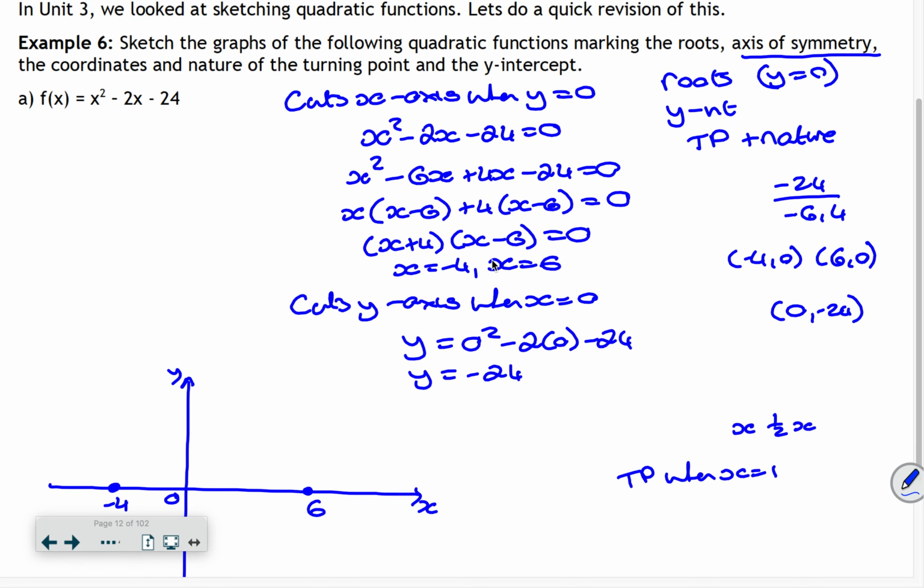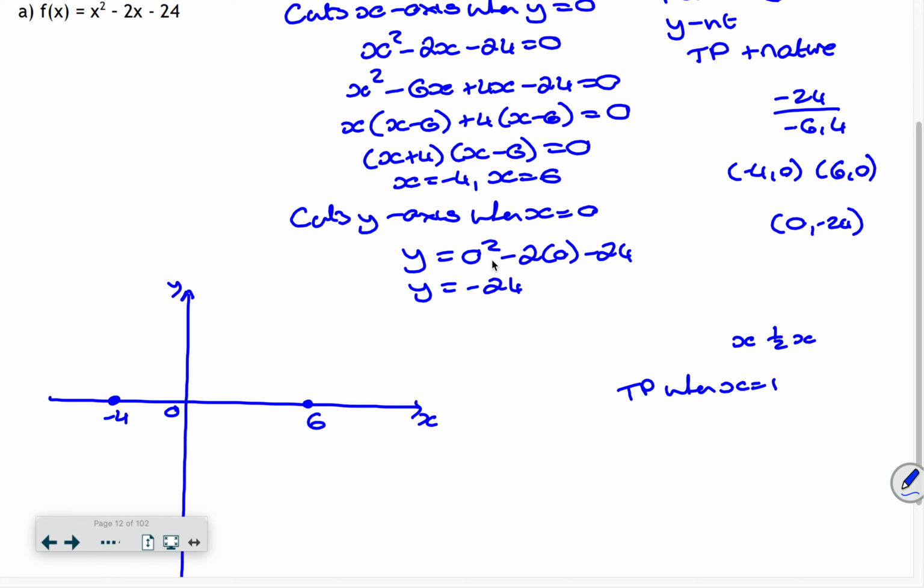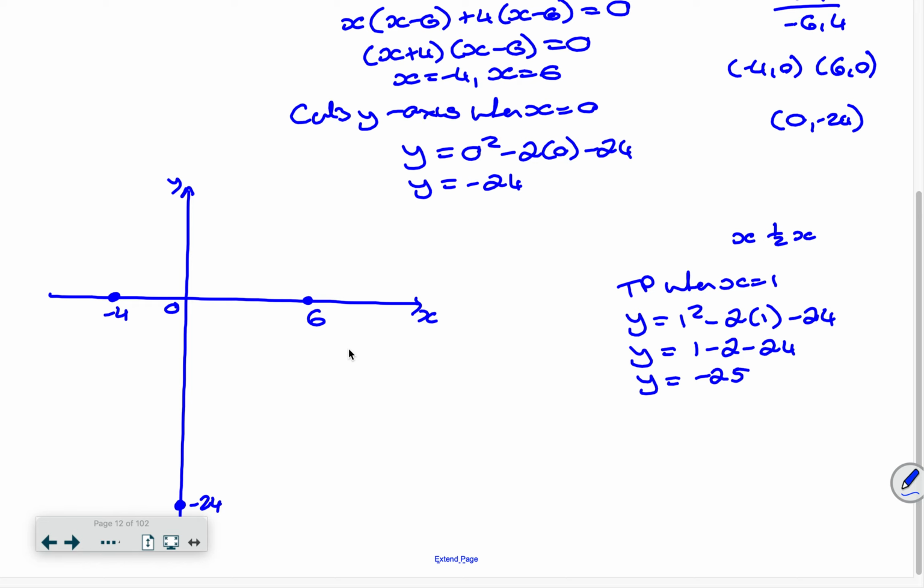So it's x squared minus 2x minus 24. So y is equal to 1 squared minus 2 times 1 minus 24. So it's 1 minus 2 minus 24, which has to be minus 25. So the turning point is going to happen at the point (1, -25).